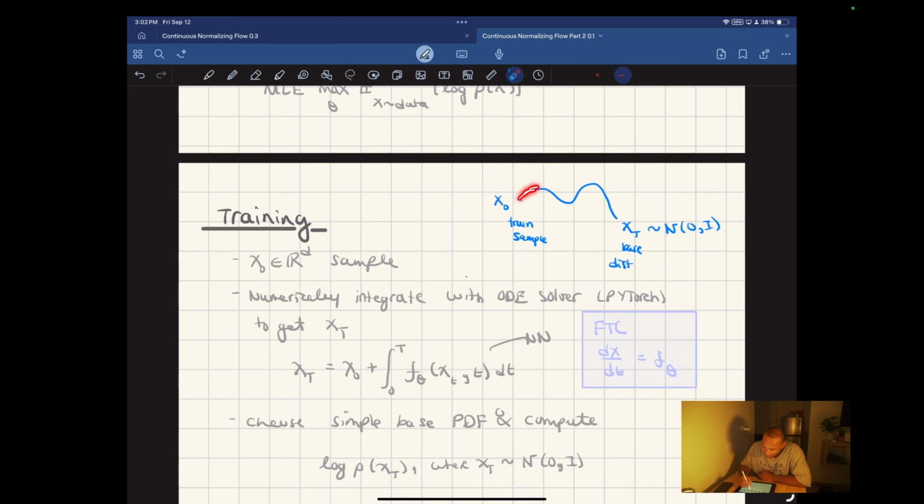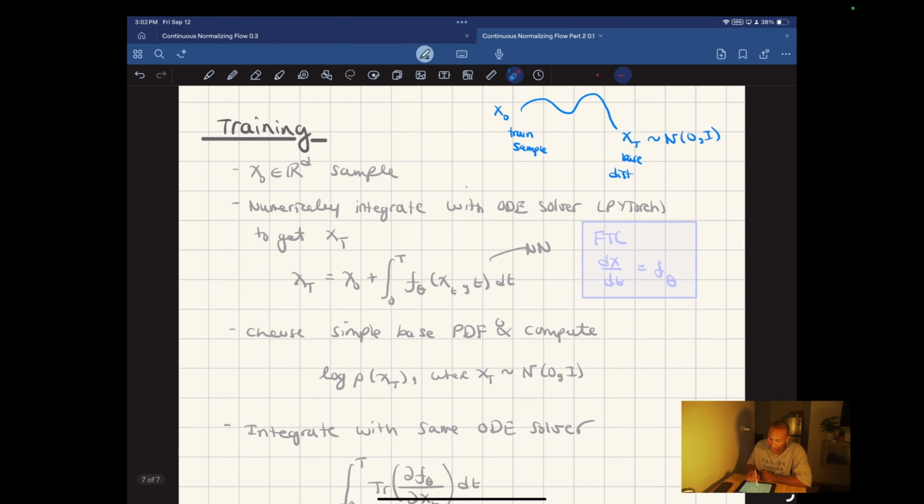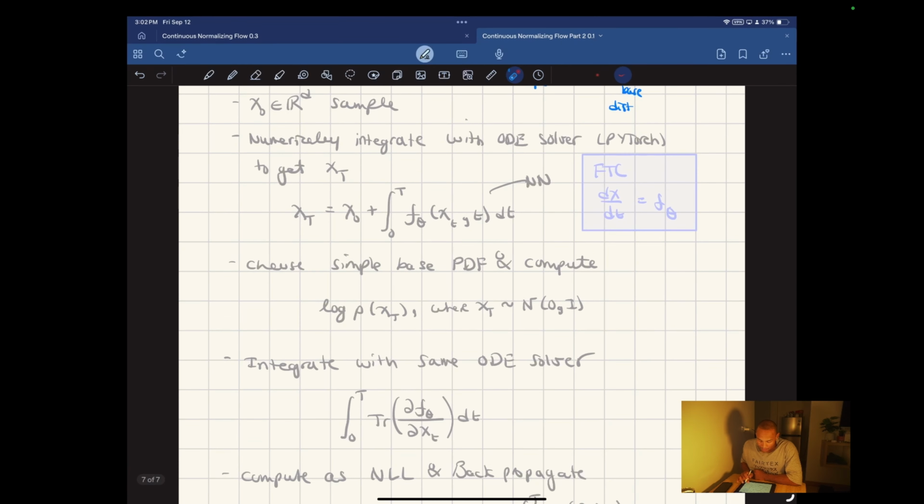We're getting a bunch of vectors, and at each infinitesimal time step we're just nudging our original image vector, such that by the time we're done integrating, we've carved out this trajectory. So we numerically integrate with an ODE solver, and then we add that displacement to x naught, and we get x sub capital T.